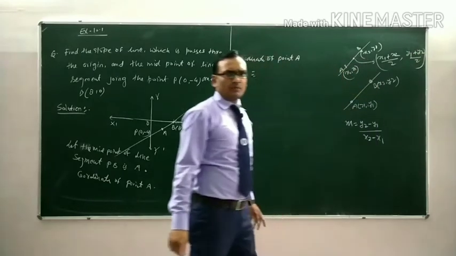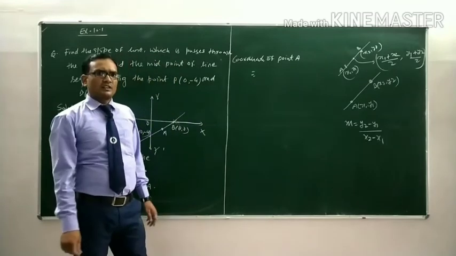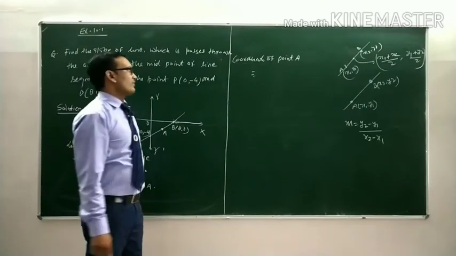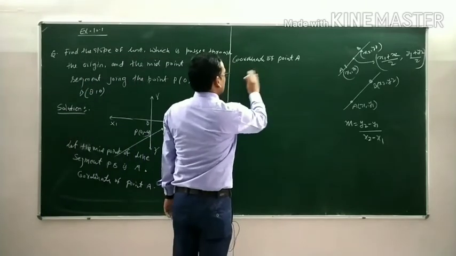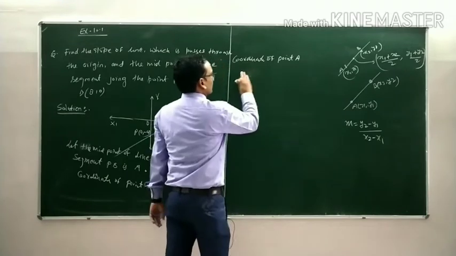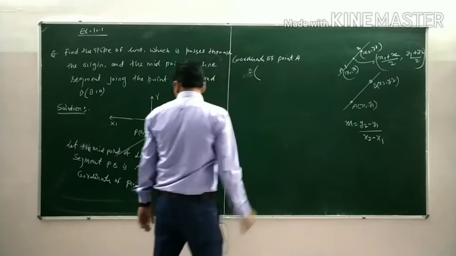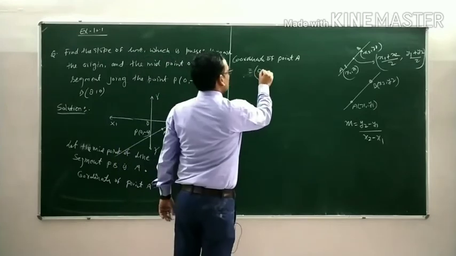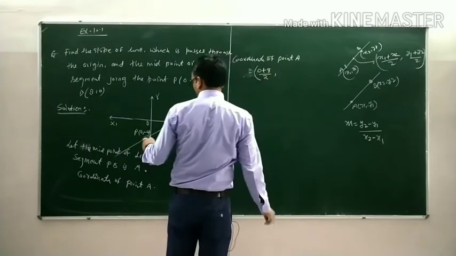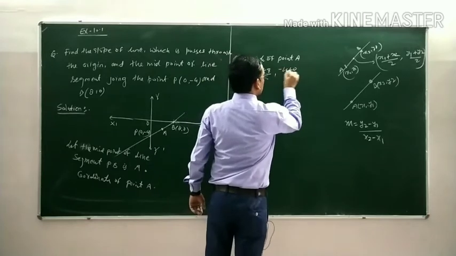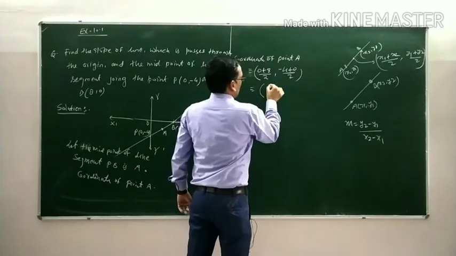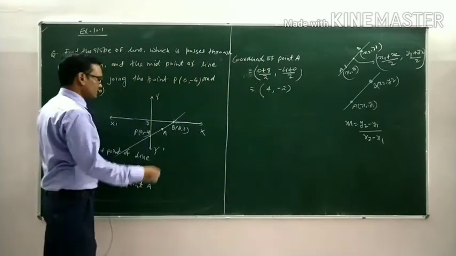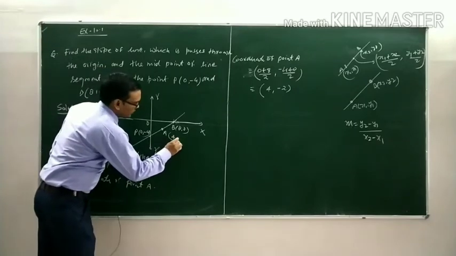Okay students, using this formula we find the coordinate of point A. Coordinate of point A is ((0 plus 8) by 2, (-4 plus 0) by 2), that is (4, -2). The coordinate of point A is (4, -2).